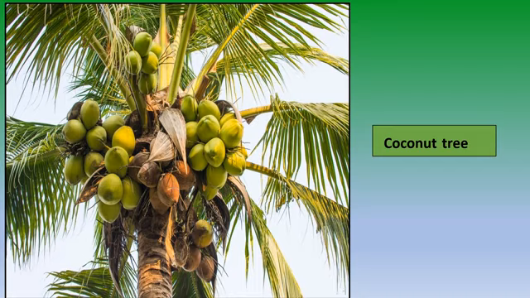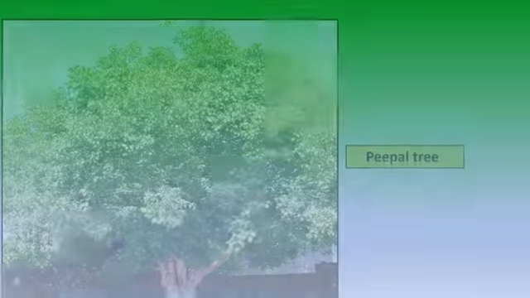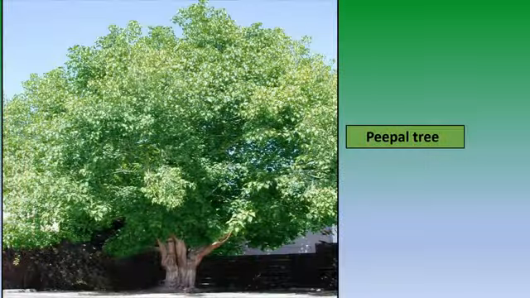But then it is different, as all big plants vary in size, color and shape. You will also notice that the leaves are different. Peepal tree is also an example of a big plant. And as you see in the picture, children, this tree is big and strong.